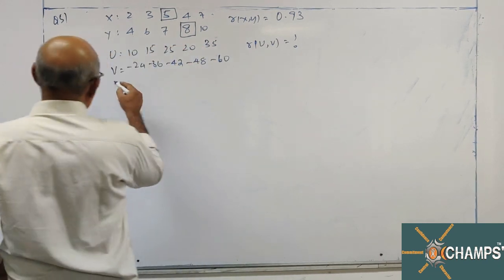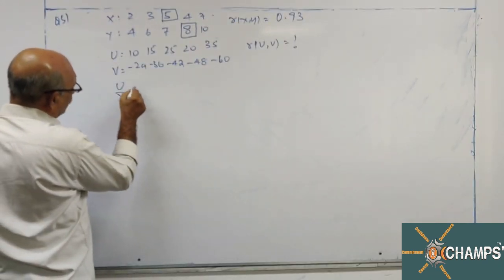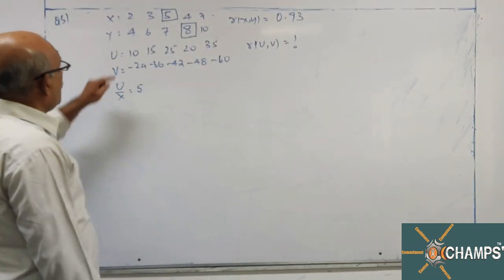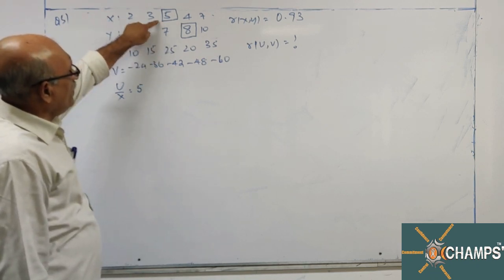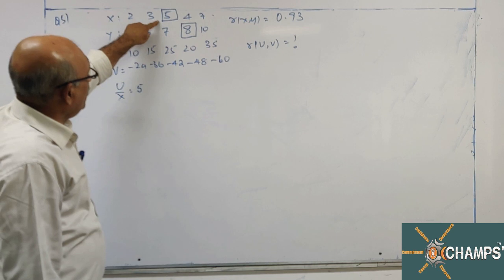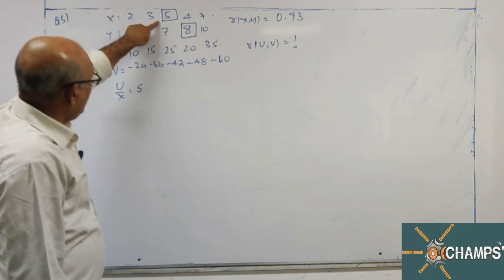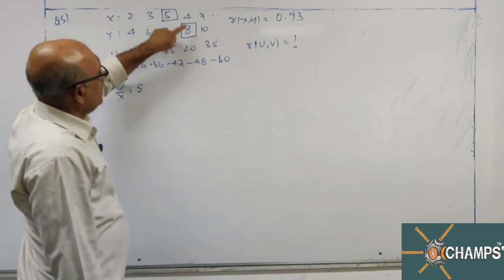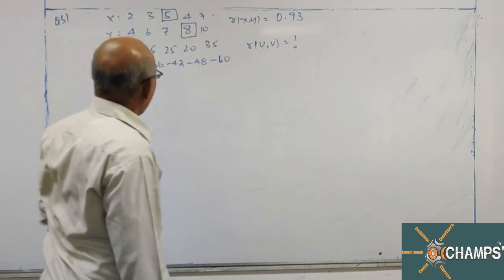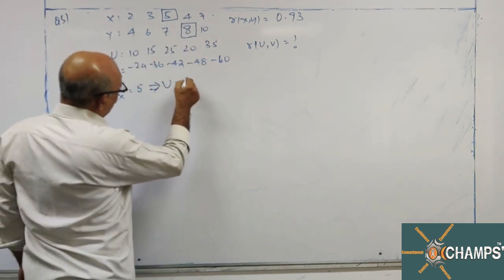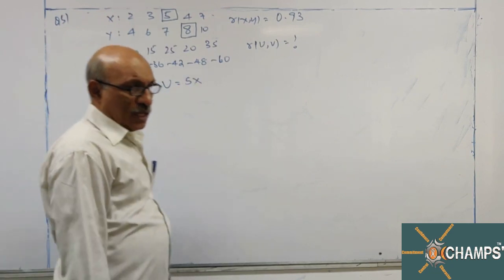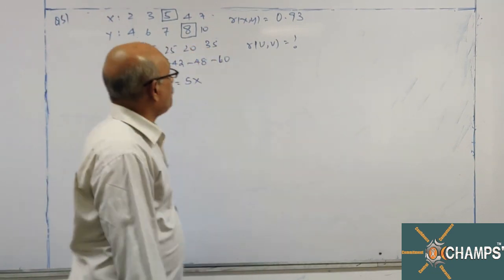Or look at this, u by x is equal to 5. 10 by 2 is 5, 15 by 3 is 5, 25 by 5 is 5, 20 by 4 is 5, 35 by 7 is 5. Implies u is equal to 5x.